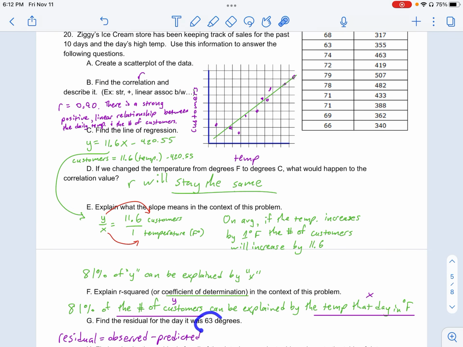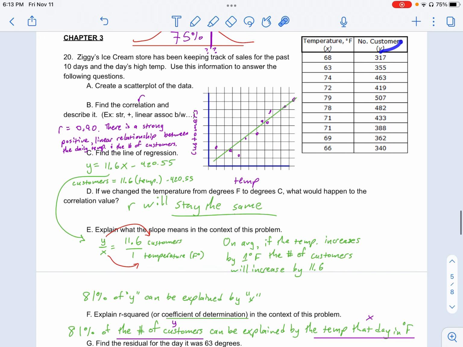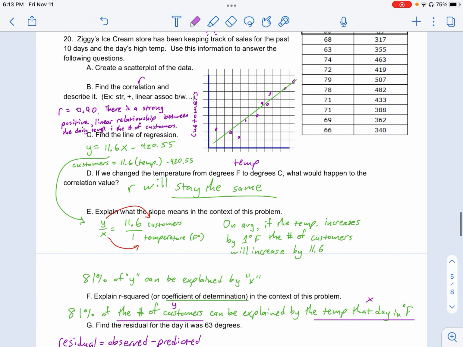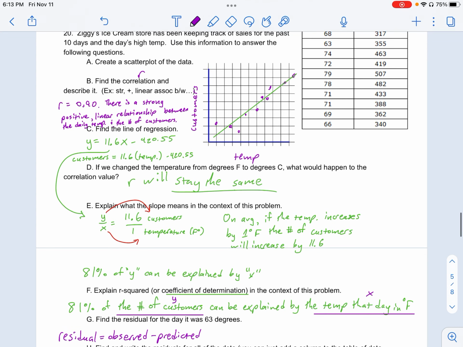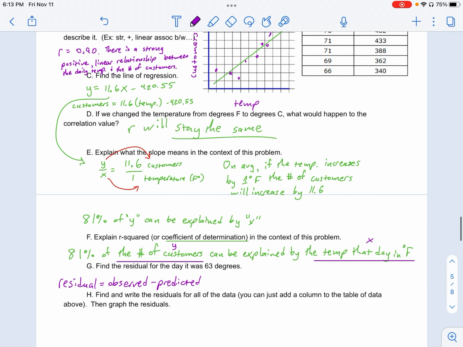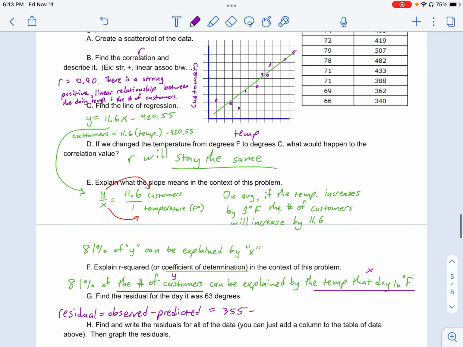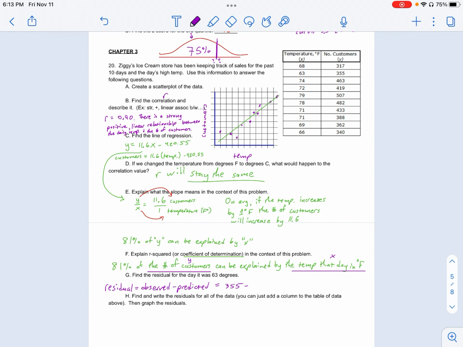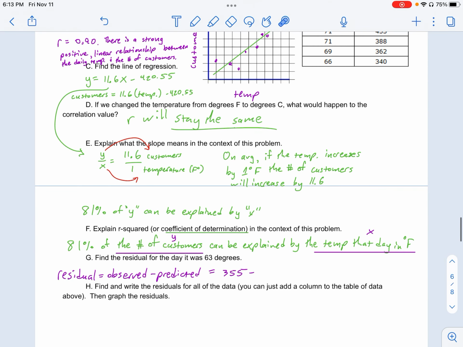Here's 63 degrees, right there. On that day, we had 355 customers. So 355 is my observed, right? That's how many people actually came.